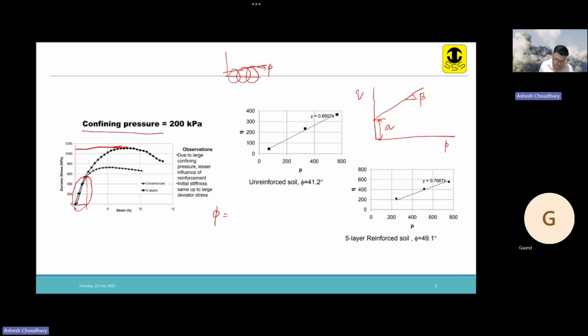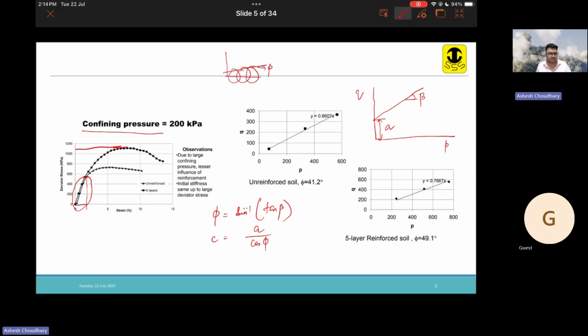Phi is sine inverse of tan beta, and C is A by cos phi. Okay, we get the friction angle and the cohesion of the soil from the PQ plots.